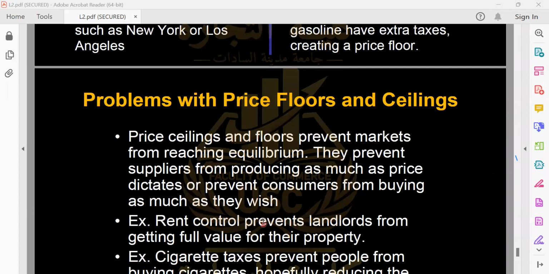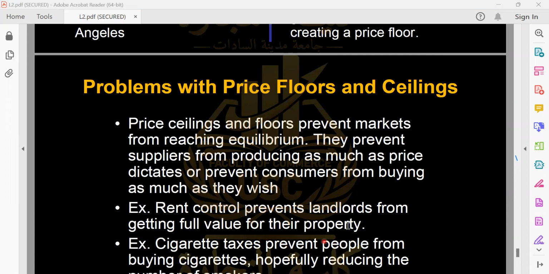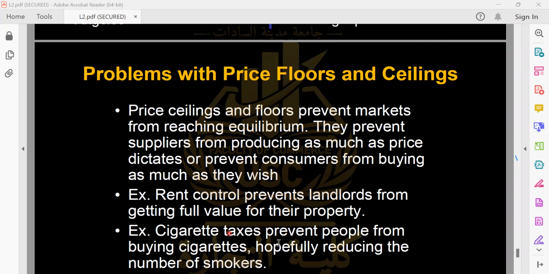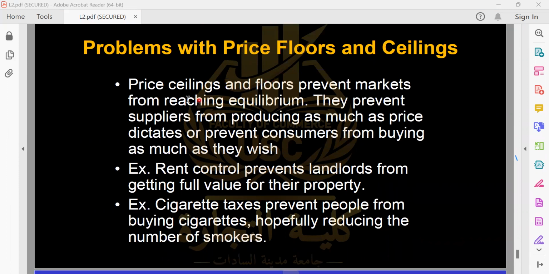So rent control prevents landlords from getting full value for their property, and a cigarette tax prevents people from buying cigarettes, hopefully reducing the number of smokers. So price floor and price ceiling prevent the market from reaching equilibrium, prevent suppliers from producing as much as price dictates, and prevent consumers from buying as much as they wish.